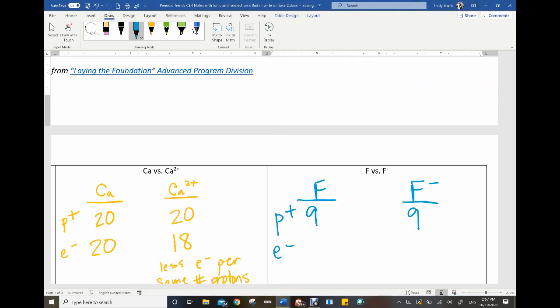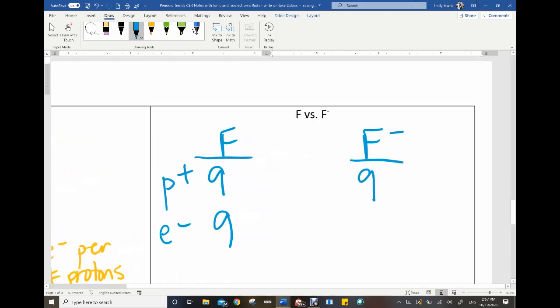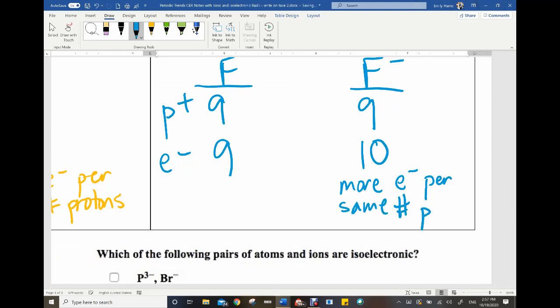In a neutral atom, like the parent, the protons and electrons will be the same. However, in fluorine with a minus charge, 1 extra electron has been added, so it now has 10 electrons. That's 1 more than the number of protons. So here we see that the anion has more electrons per the same number of protons.